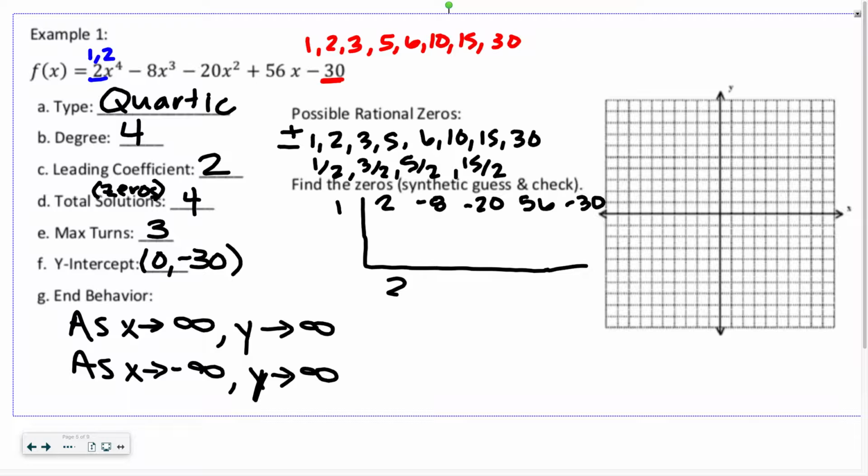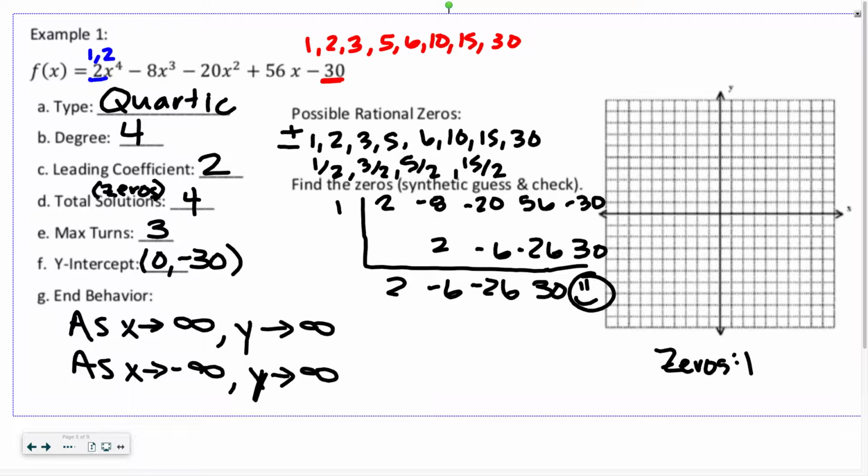Let's see, add down to get 2, multiply, add down, multiply, add down, multiply, add down. Oh joy. I'm so happy. I have found a 0. So I like to make a little list over here for all my zeros. I'm going to say one of my zeros is 1.